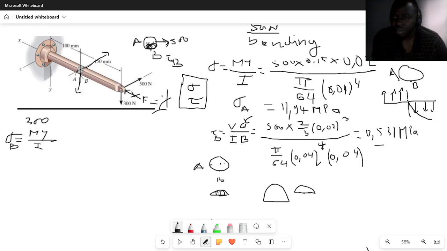So you can join them the way it is joined there, like this, and then like this. This value here simply means along this axis you have positive 11.94, along this axis you have negative 11.94. This is simply what they mean by that, Mr. Koso. If we do this and we do this, you have answered the question.